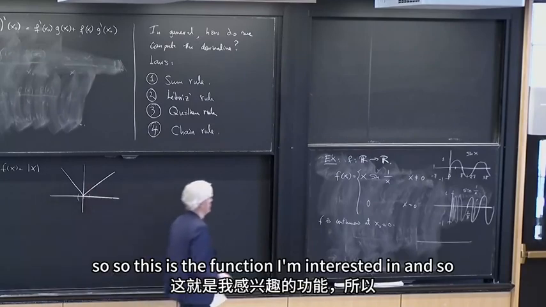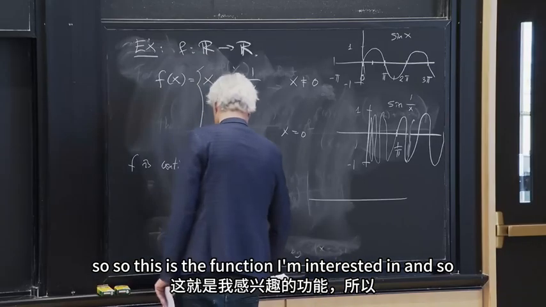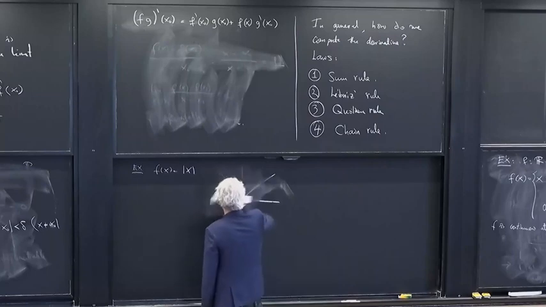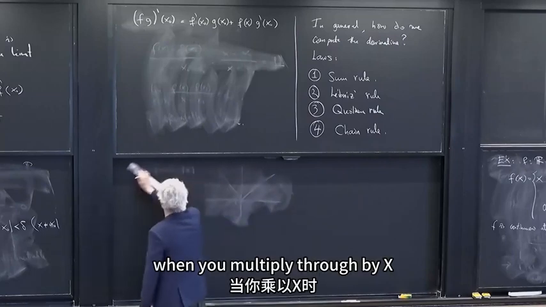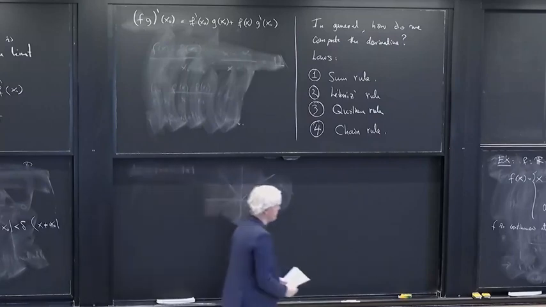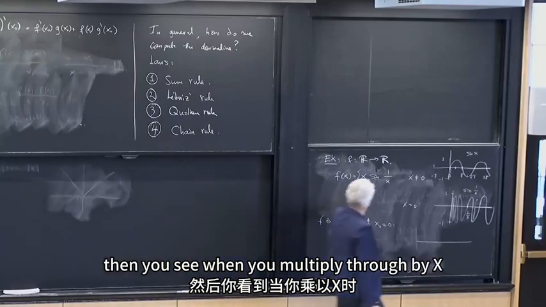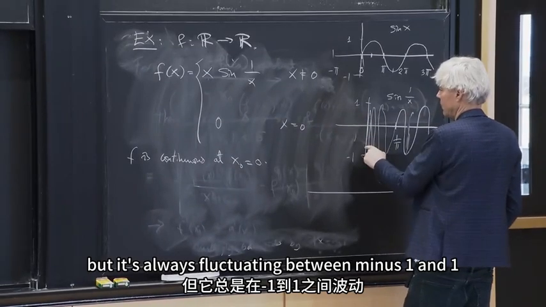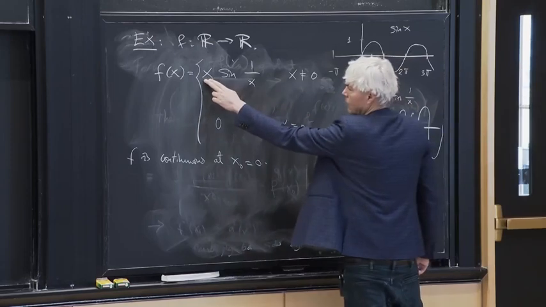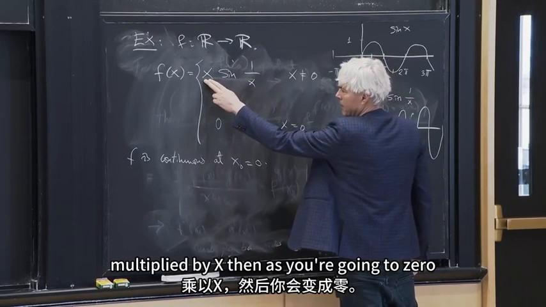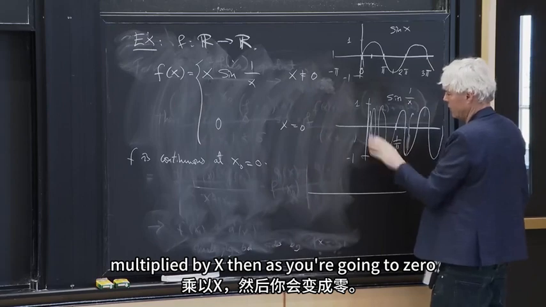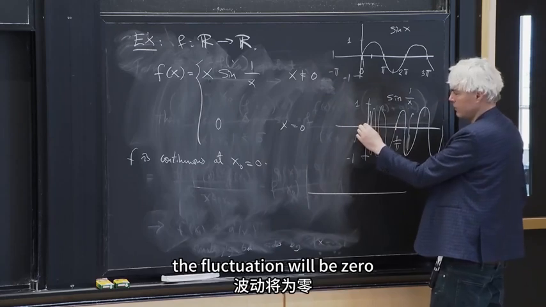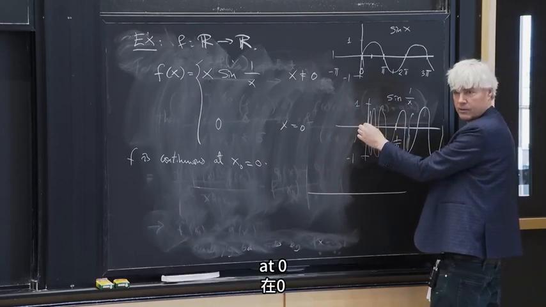Okay, so this is the function I'm interested in. But when you multiply through by x, it's still fluctuating between -1 and 1 times x, so as you're going to 0, it squeezes down, and the fluctuation will be 0 at 0.